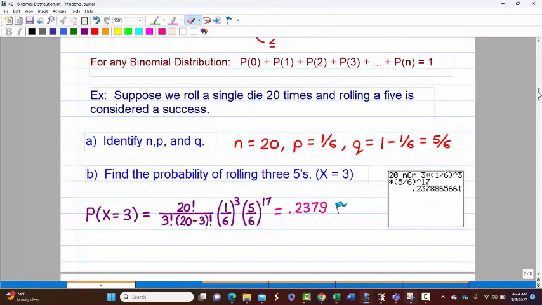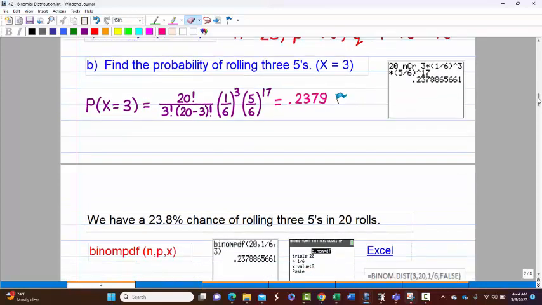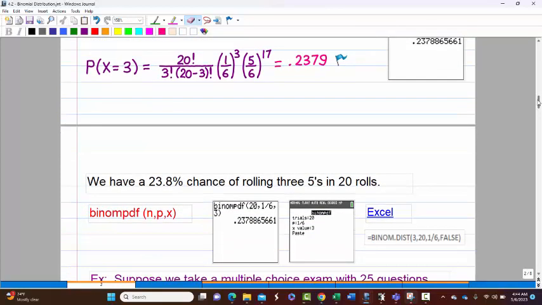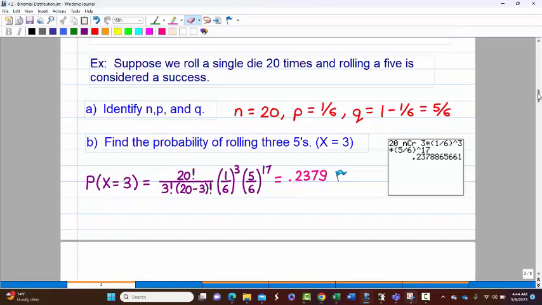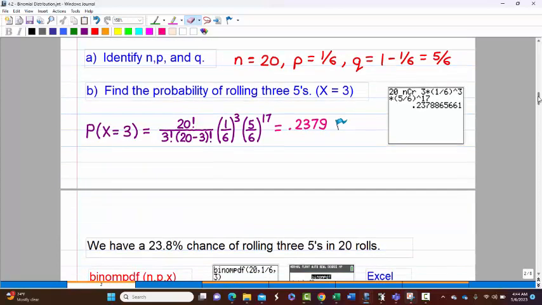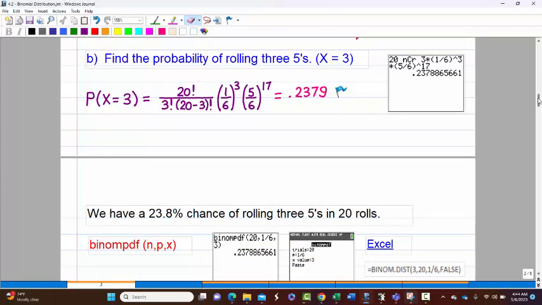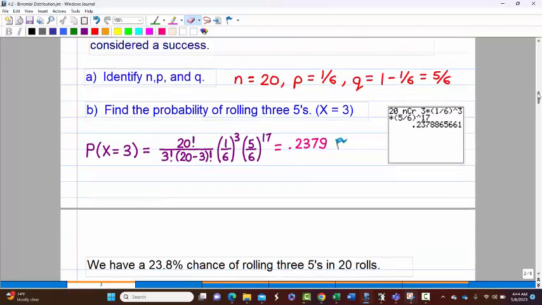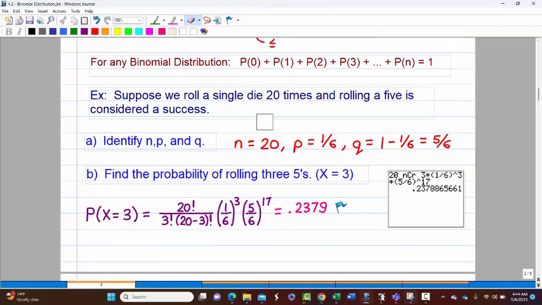So let's look at this single die example here. And I may not retype all these in the calculator, because like I said, as always, we'll see real-time examples in Excel and the calculator in my stat lab, but it'll be here for you to look at. So 20 times, that'll be your n.